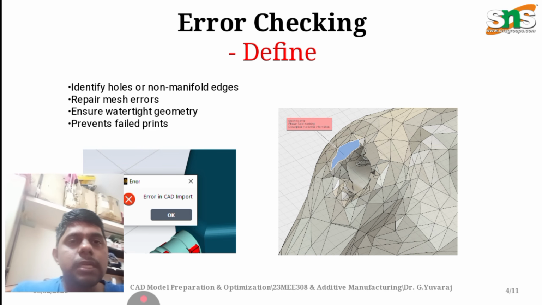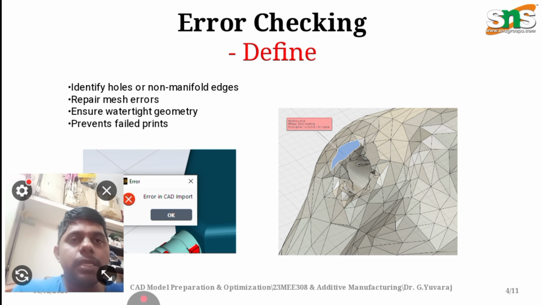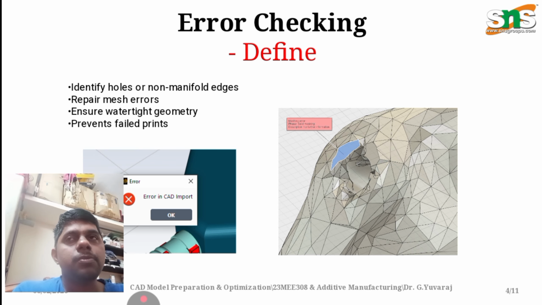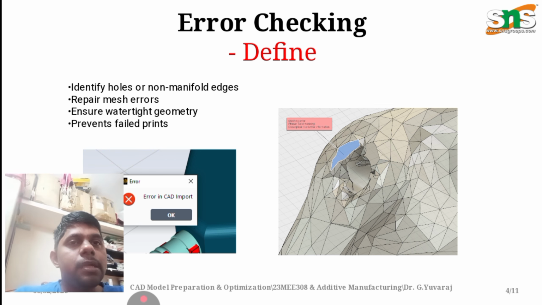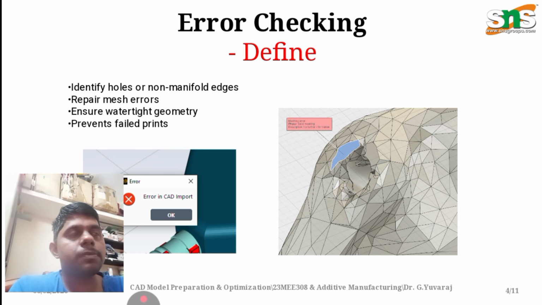The fourth stage is error checking. Error checking is not only about determining the dimensions, but also about whether the part can be fit for manufacturing or not. For this we mesh the shapes in various sizes, identify the holes and non-manifold edges, and repair them to ensure watertight geometry, or else we have to prevent failed prints.